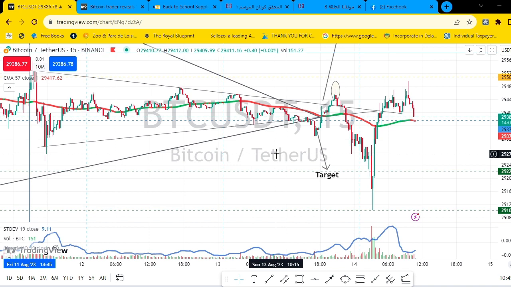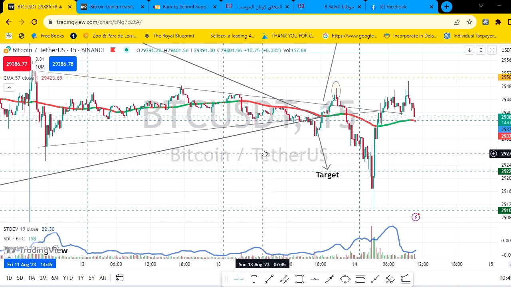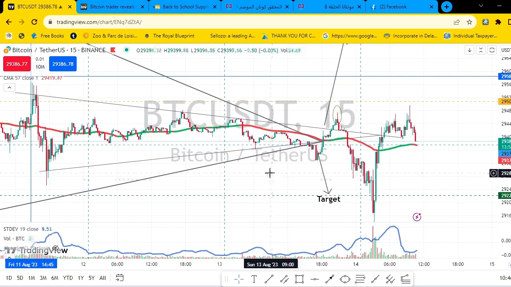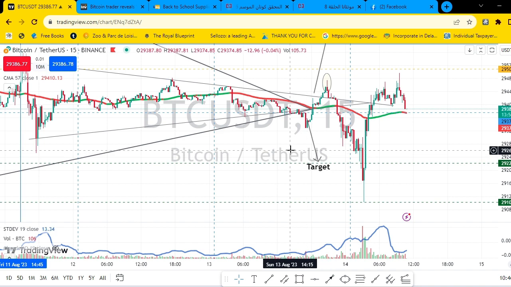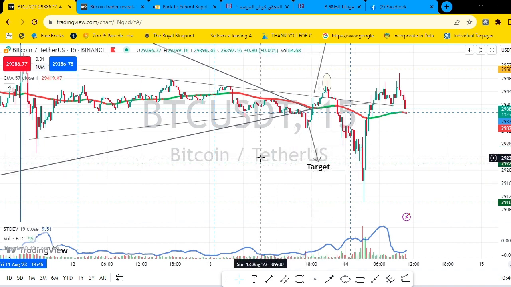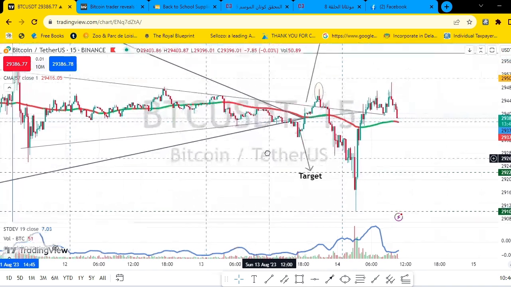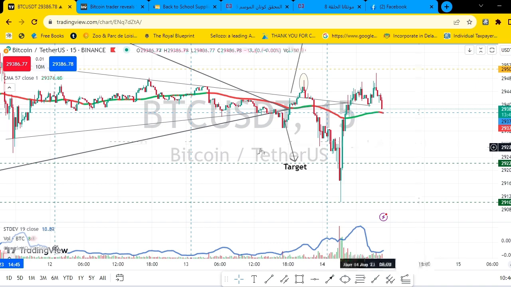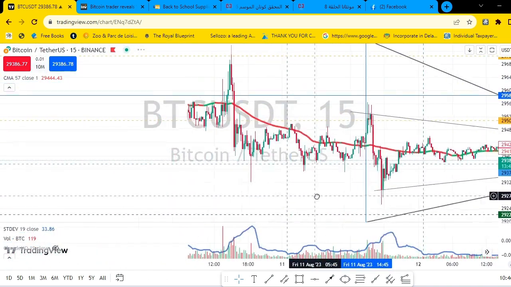So that was all for today. That was a follow-up to my video from yesterday. And as you can see here, the target was filled successfully. And this is one of the great trades during the week.